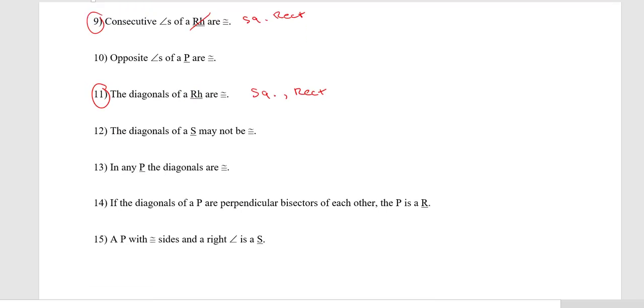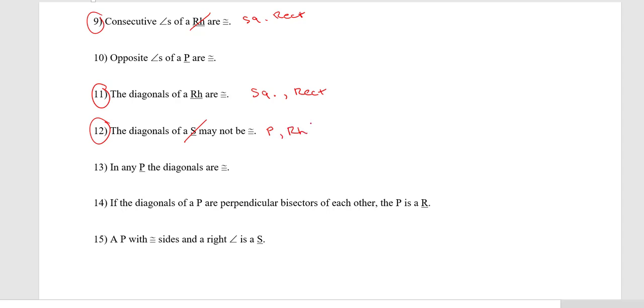And then moving on down the page, number 12, the diagonals of a square may not be congruent, and that's not going to be true, because the diagonals of a square are always going to be congruent, but it is true for the case of a parallelogram as well as for a rhombus.